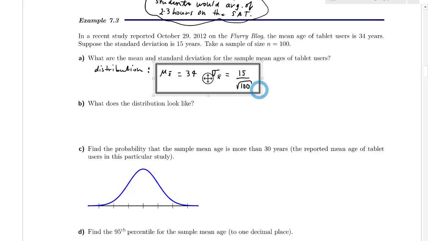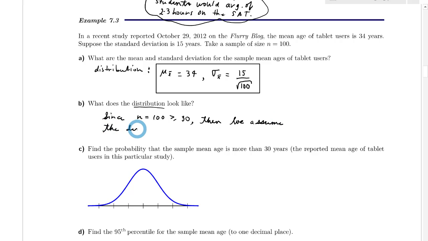Now the next part says, what does the distribution look like? Notice it didn't tell us what type of distribution, but we know that since n equal to 100 is greater than or equal to 30, then we assume the distribution is approximately normal.